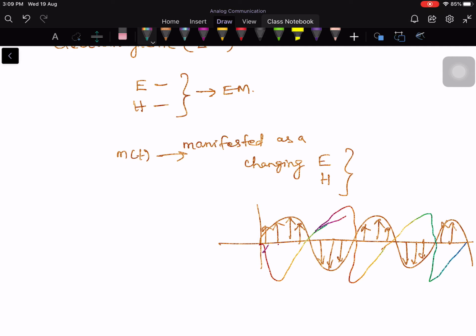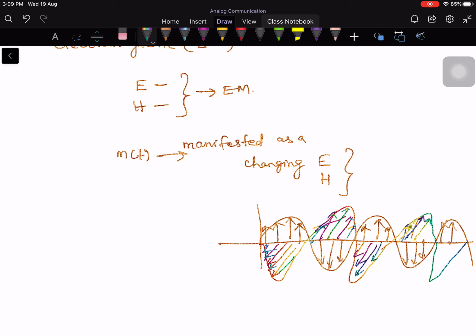So both are sinusoidal but 90 degrees perpendicular. One is oscillating horizontally and the other one is oscillating vertically.